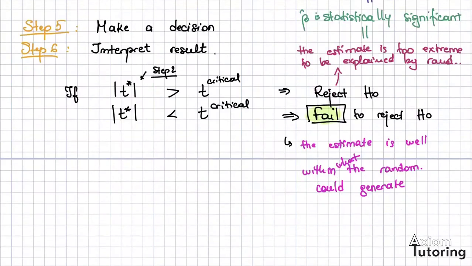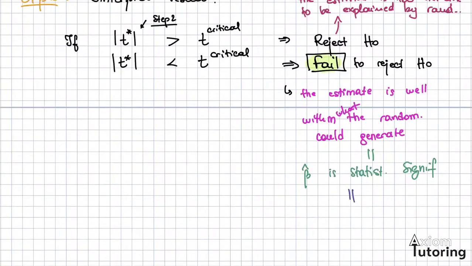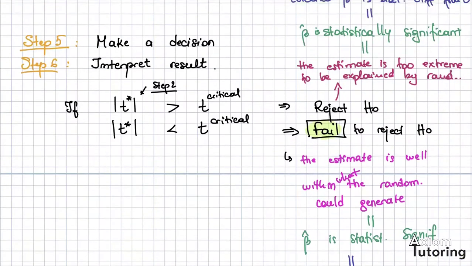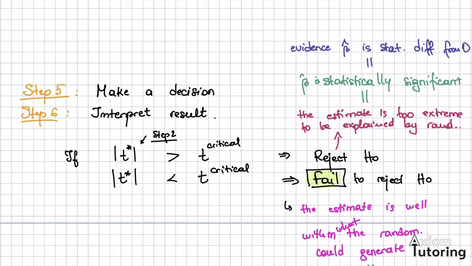Or equivalent to saying that the beta hat is statistically not significant, or all over again saying that your beta hat is statistically not different from 0, or you could even say that there is not enough statistical evidence that it is far from 0. Okay? Keep in mind, neither outcome proves truth or falsehood. They just reflect the evidence under the level of uncertainty that you are facing.